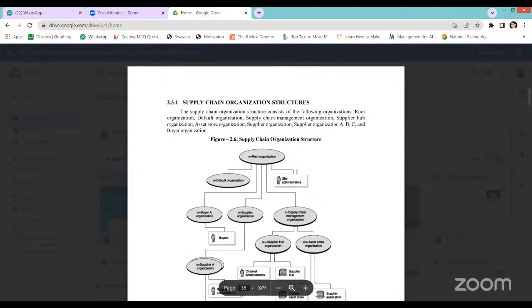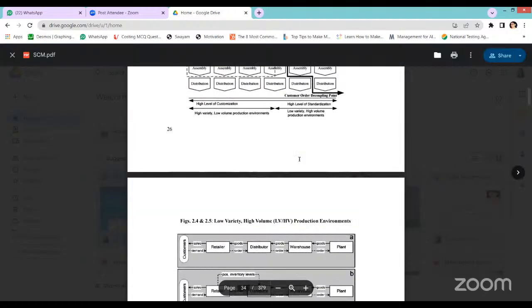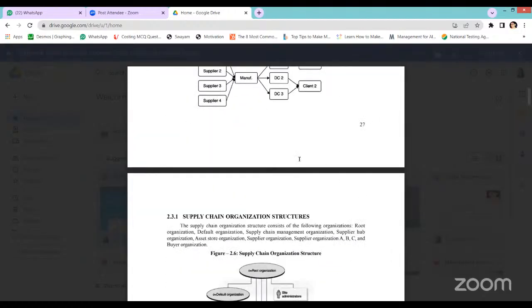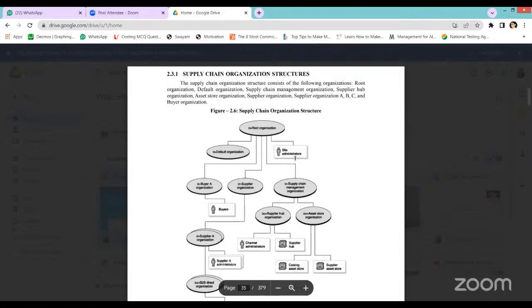The next one is supply chain organization structures. What we saw just now was the supply chain management structure, and this is the supply chain organization structure. It consists of the root organization, default organization, supply chain management organization, supplier hub organization, and asset store organizations.